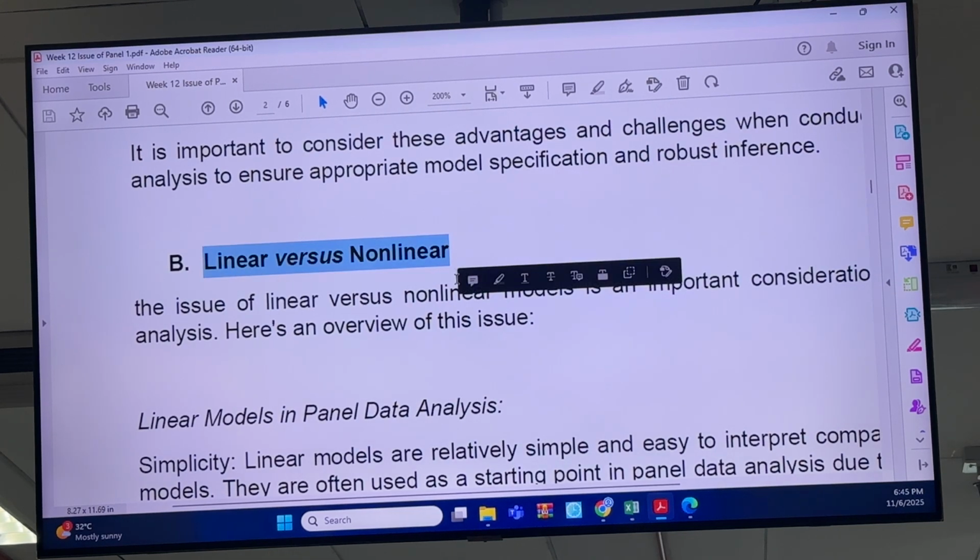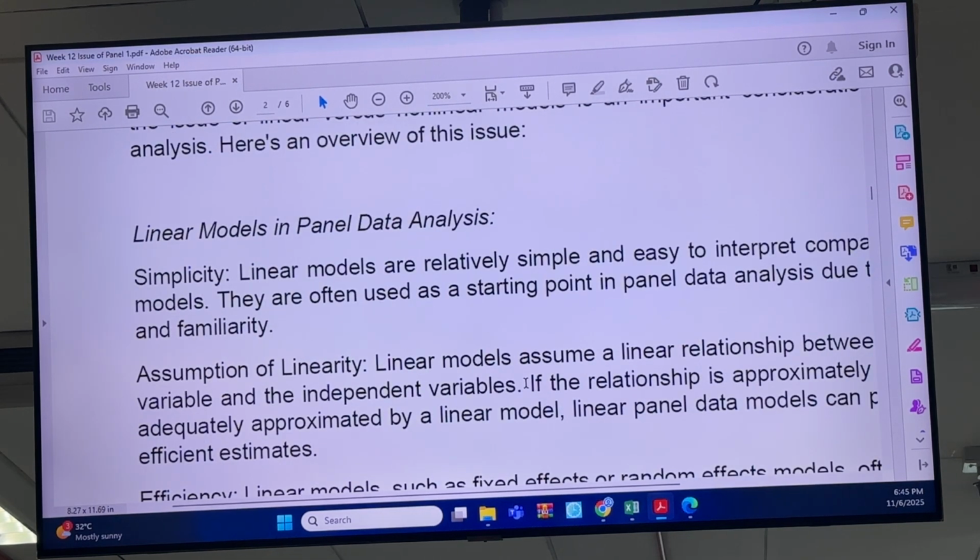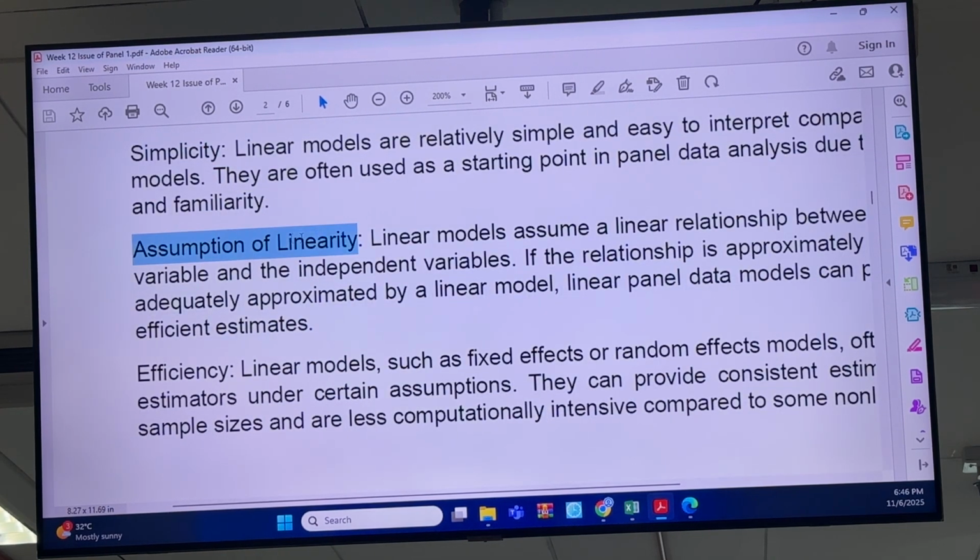How about the linear model? As we mentioned just now, all the regressions we analyzed here are actually in linear form. Why? Because it's very simple. Simple to estimate, simple to explain, and the assumption of linearity is based on the classical linear regression model assumptions.